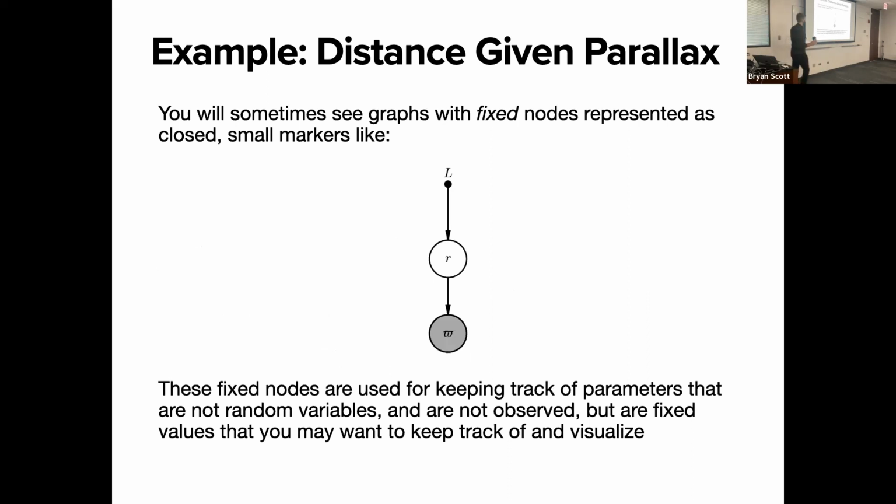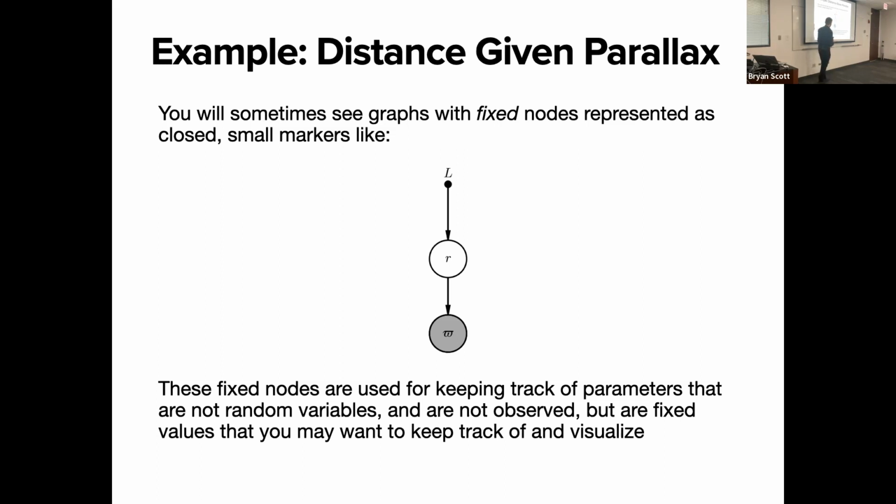Sometimes you'll see people represent that kind of relationship using a node as a closed circle, a small marker instead of a big open marker. This means that the distribution over R has a parameter, but we're fixing that parameter.